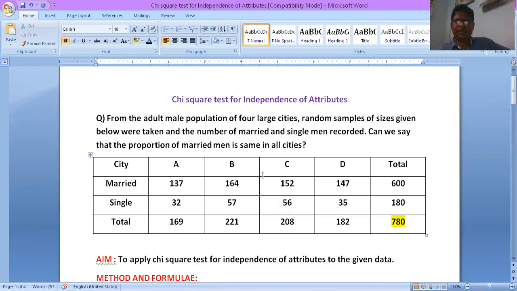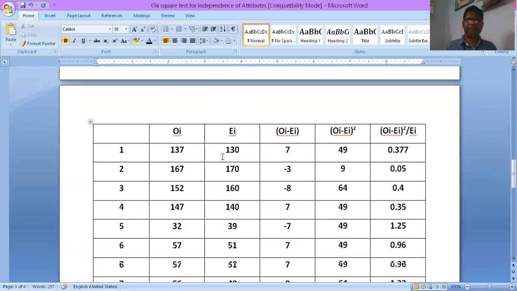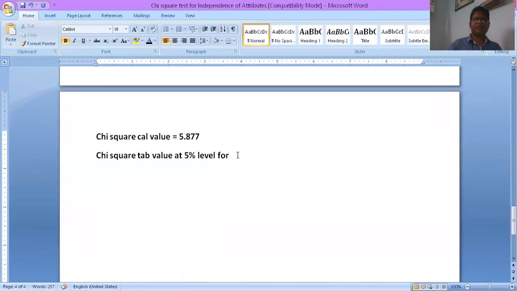Four cities, A, B, C, D. So number of rows minus one into number of columns minus one. That is 2 minus 1 into 4 minus 1, 1 into 3, 3 degrees of freedom.